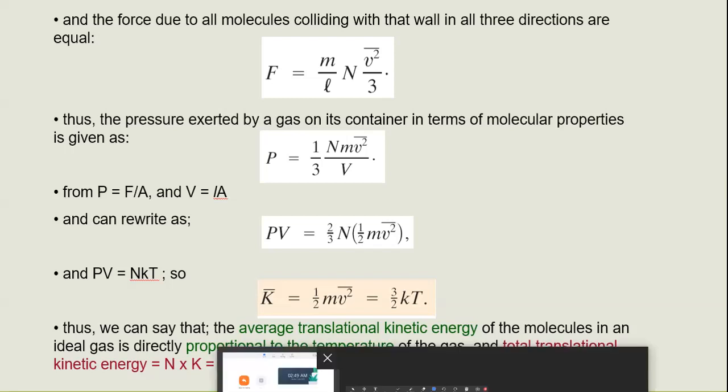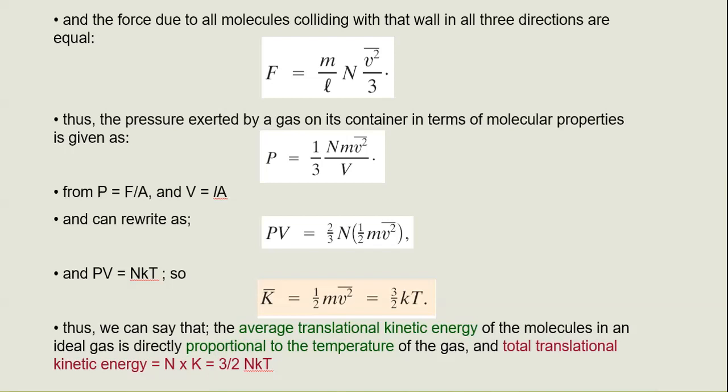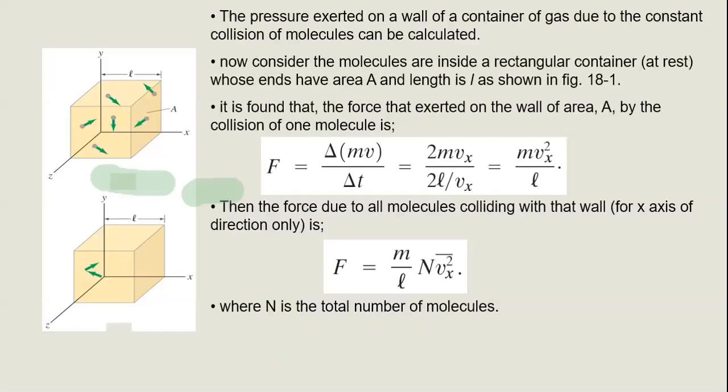We also know that pressure is equal to F divided by A, and volume is equal to L multiplied by A, because the example given previously was a cube.